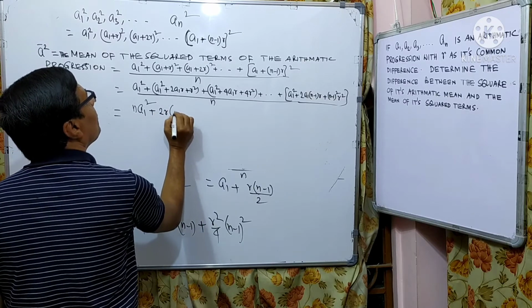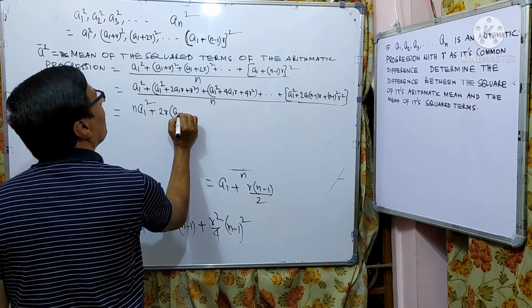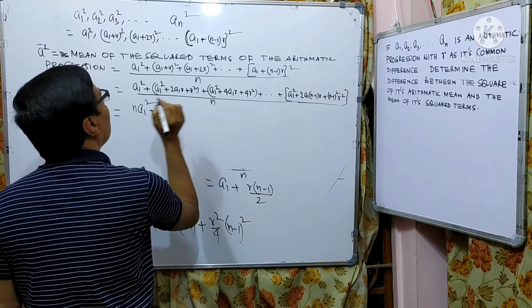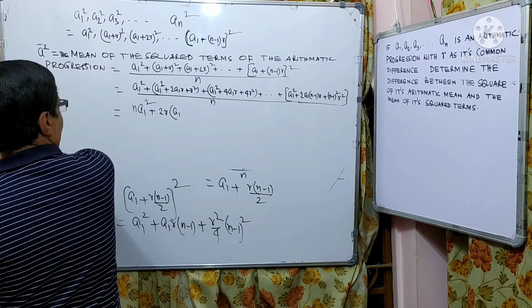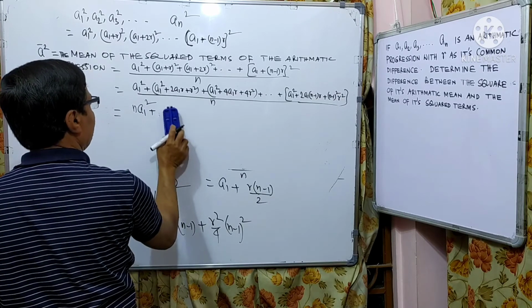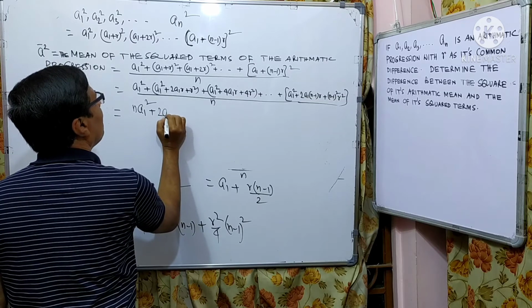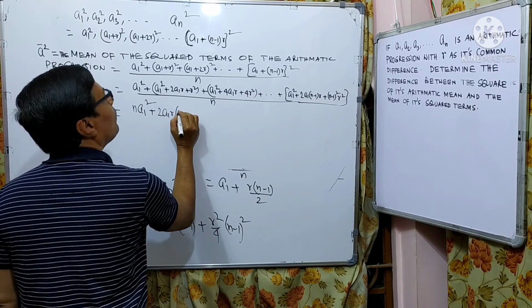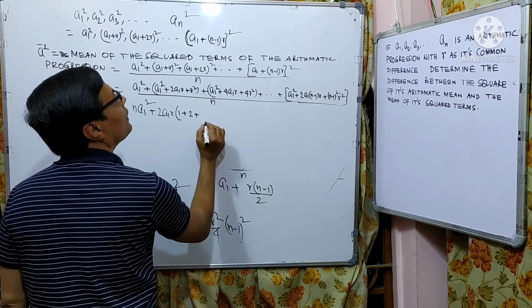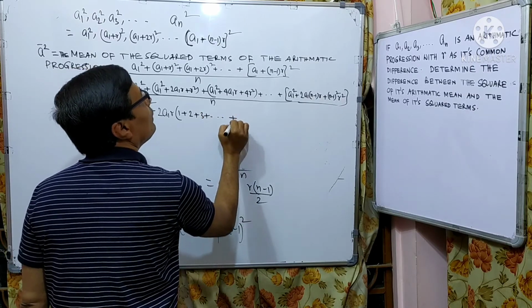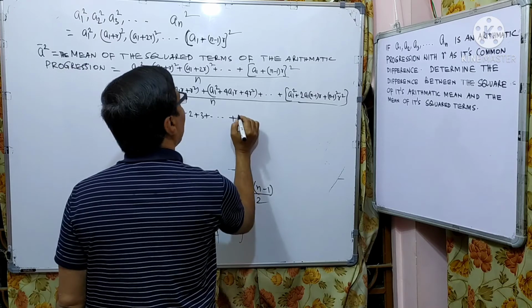Also, we can write 2a1r into 1 plus 2 plus 3 plus dot dot n minus 1.